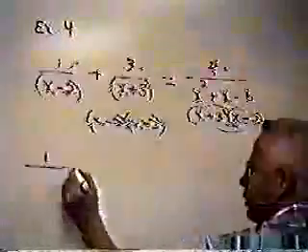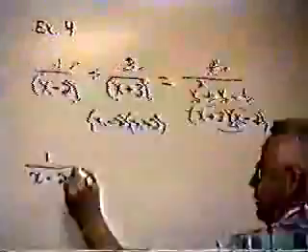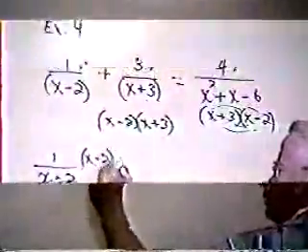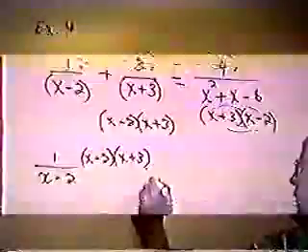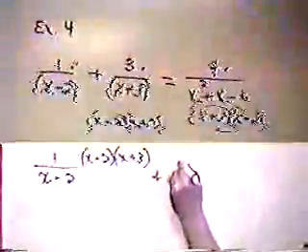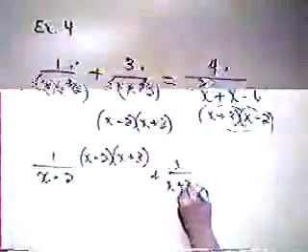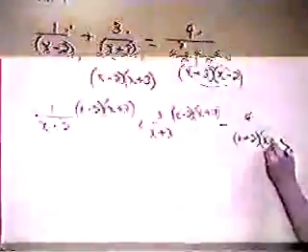So we'll have 1 over x minus 2 times x minus 2 times x plus 3 plus 3 over x plus 3 times x minus 2 times x plus 3 equals 4 times x plus 2 over x minus 2 times x plus 3 times x minus 2 times x plus 3.